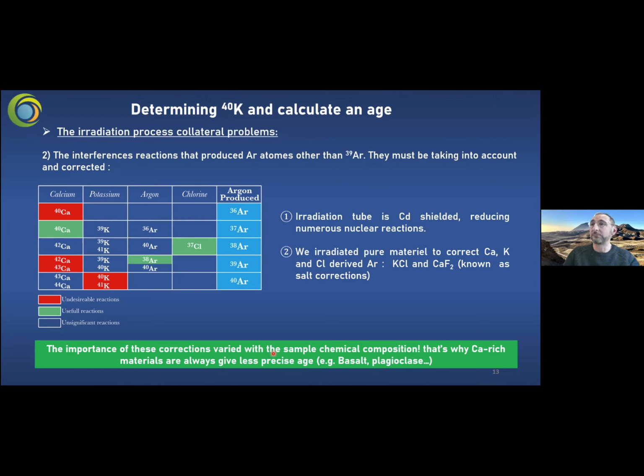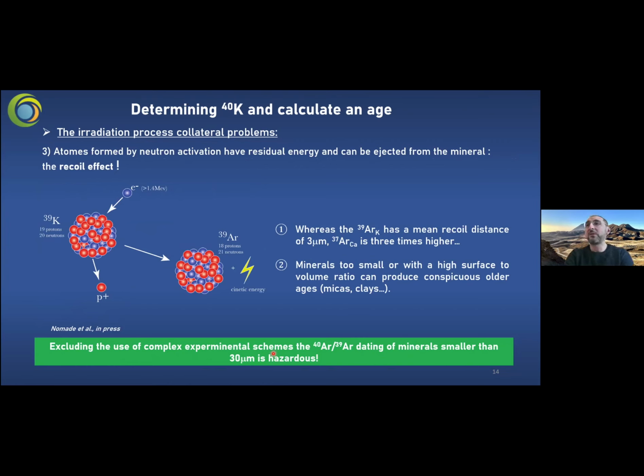The last but not the least problem is the fact that as we irradiate with high energy neutrons, the 39 argon that we produce has a residual kinetic energy that has been transferred by the very energetic neutron. So, in fact, this kinetic energy is lost by the 39 argon as an energy of ejection.